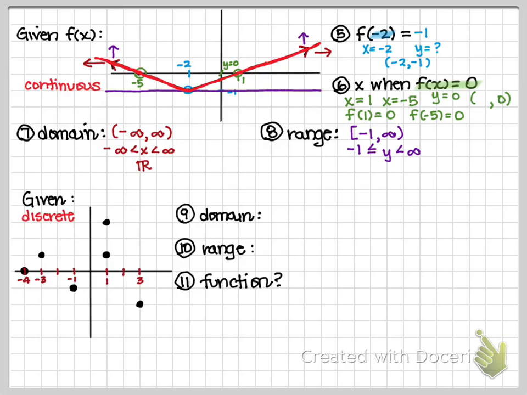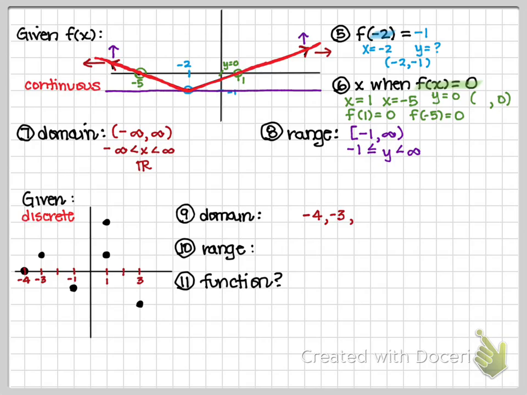So the ones that I labeled, -4 is not on there. Let's get rid of that guy. Oh, yes, it is. Good gravy. Okay. So I have points at -4, -3, -1, 1, and 3. So my domain is just those things. I just have to list them out. So it's -4, comma, -3.